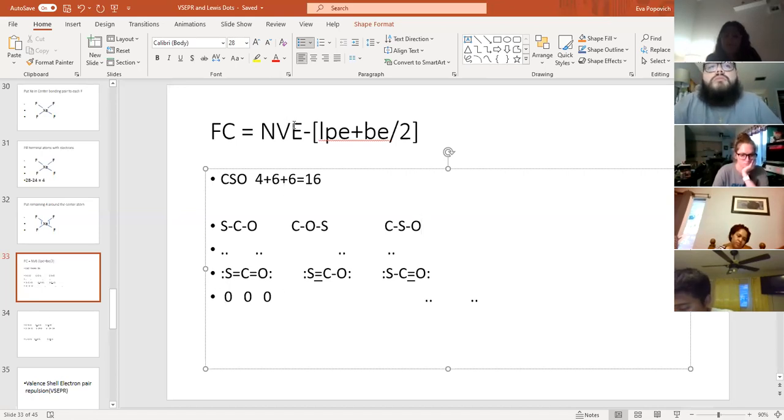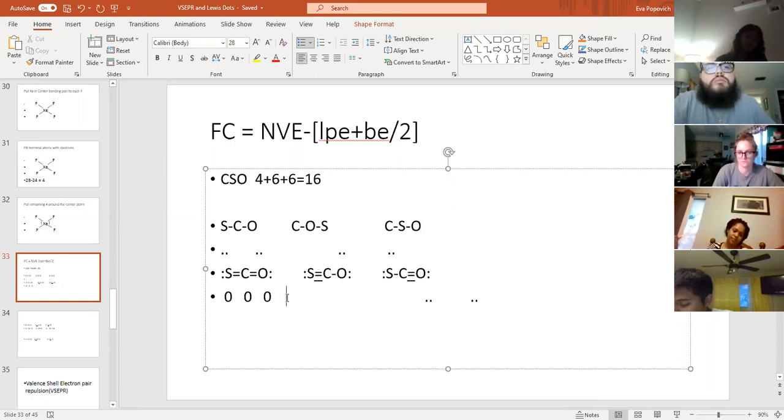Sulfur, normal valence electrons are 6. There are 2 lone pairs around it, so this is 4. There are 4 bonding electrons, 4 over 2. 6 minus 4 plus 4 over 2, 6 minus 6, it's 0. Same thing with the oxygen, 6 minus 4 plus 4 over 2, 6 minus 6, it's 0.